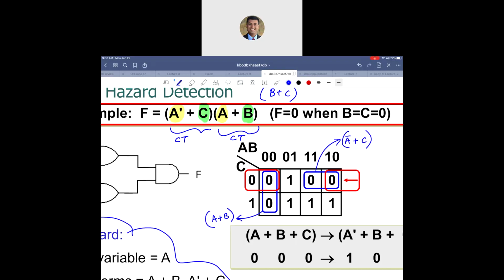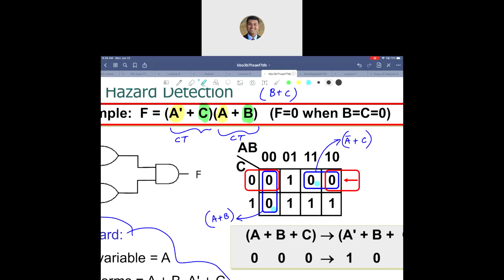Once you write the two sum terms, you take a look at the PIs, essential prime implicants and redundant prime implicants. The blue groups are essential. This 0 is only in that group, this 0 only in that group.